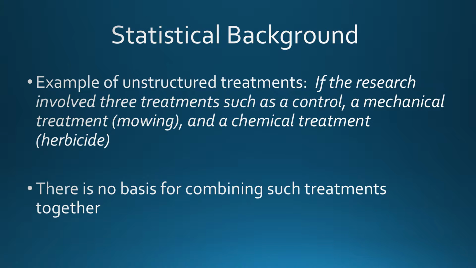As an example of unstructured treatments, we might have research that has 3 treatments, such as a control where no treatment is applied, it's left as is, mechanical treatment such as mowing, and a chemical treatment. With these unstructured treatments, there is no basis for combining any of the treatments together to compare to others.